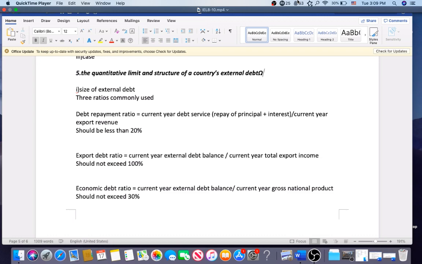The optimal scale is more important. The optimal scale is determined when the marginal revenue of the debt is equal to the marginal cost when the debt is used.